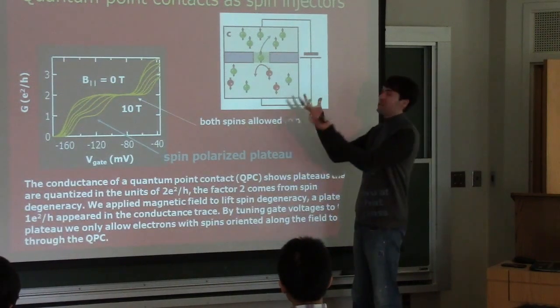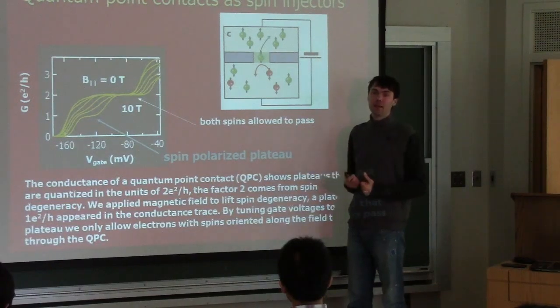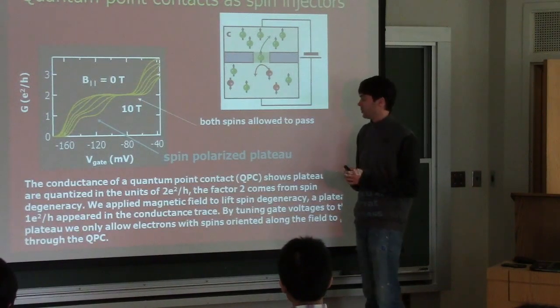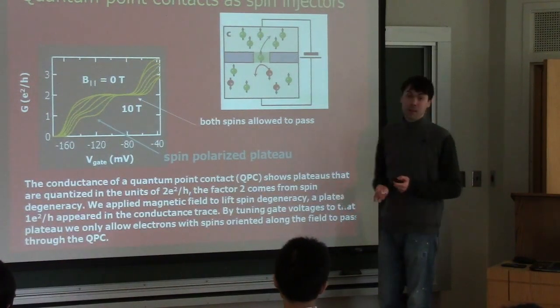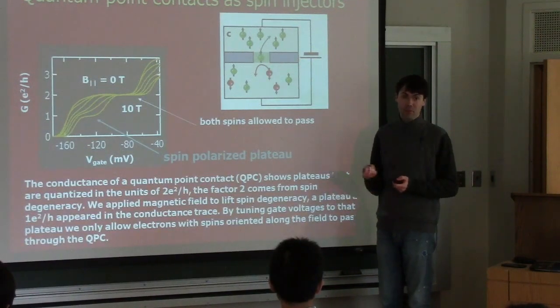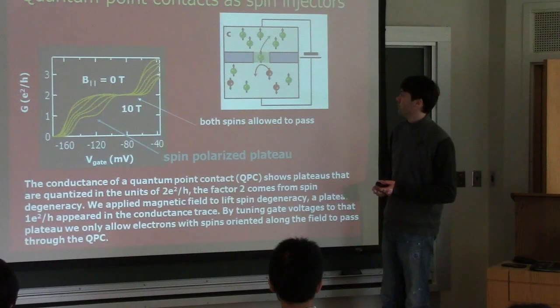We can create an excess of spin-up electrons. We can polarize dynamically, in a non-equilibrium way, the two-dimensional electron gas outside the QPC. So we can operate a quantum point contact as a spin filter, a spin injector. So that's very neat.